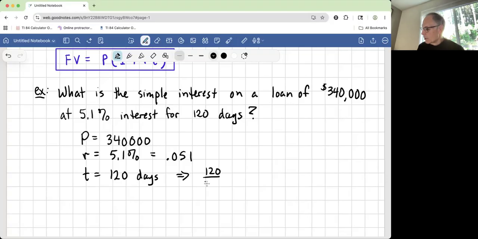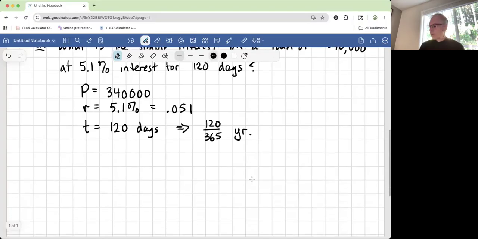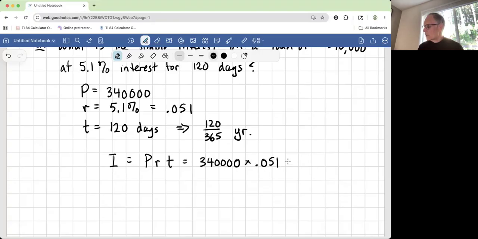So it's 120 365ths of a year. All righty. So then we put it into the formula. Interest equals principal times rate times time. So 340,000 times 0.051 times 120 over 365.